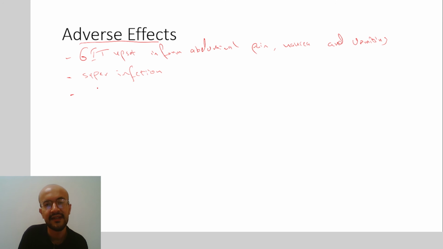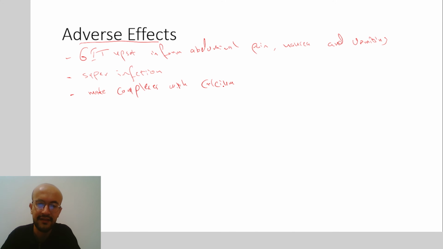The tetracyclines also make complexes with calcium, and that would lead to their deposition in the teeth of the growing child and would lead to abnormal teething.